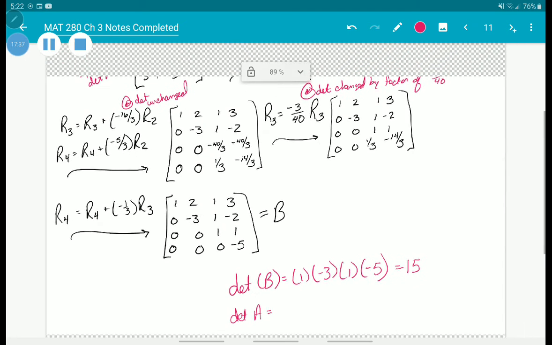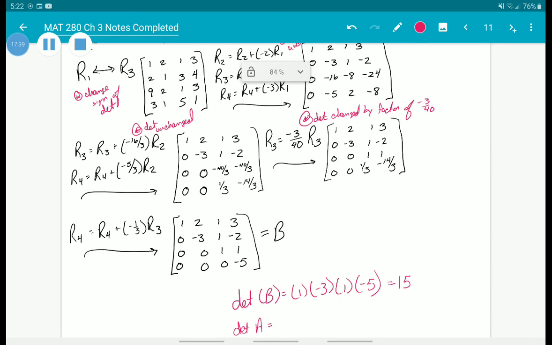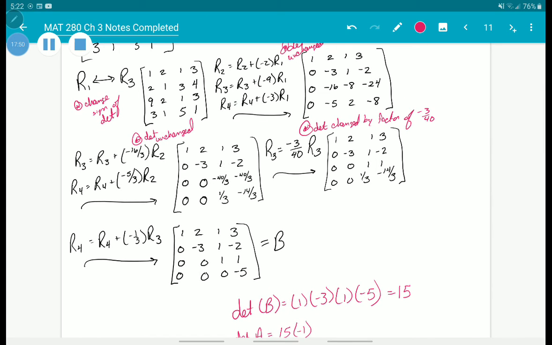So let's talk about how the determinant has changed. In that first step, the sign has changed. So we're going to have 15, but we're going to have to change the sign. So let's multiply by -1. In the second step, these row operations did not change anything. Same thing's true with the third step. In the fourth step, we changed by a factor of -3/40.